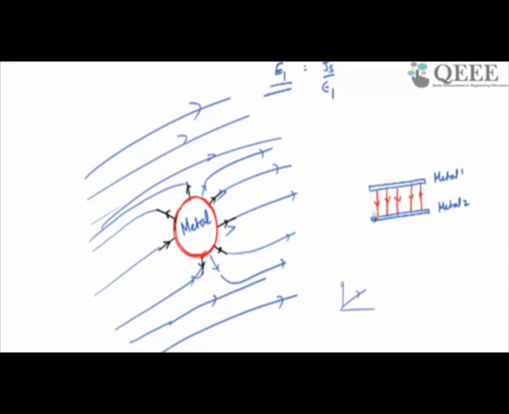But what about the electric field at the edge? At this part also the electric field has to be normal, so it has to turn like this. So you do see an electric field even just outside the capacitor, and its direction is very clearly predictable, and that is what is called the fringing field of a capacitor.